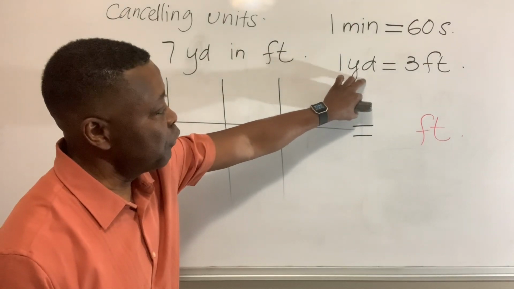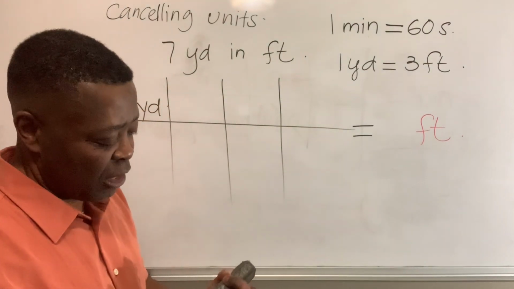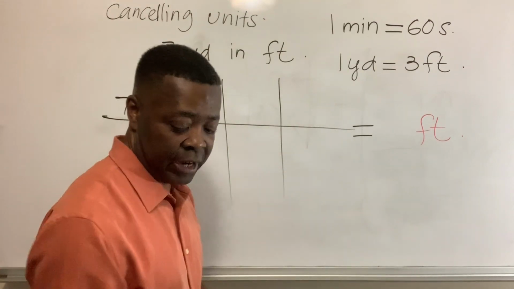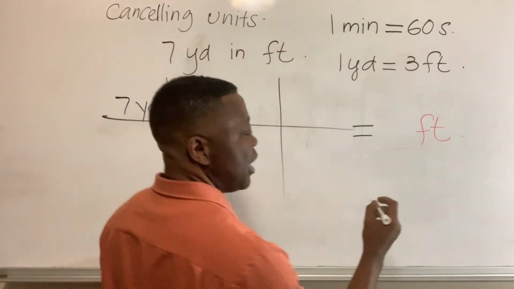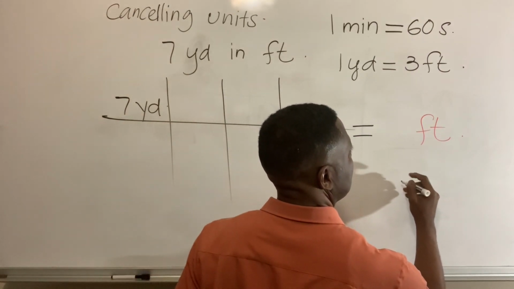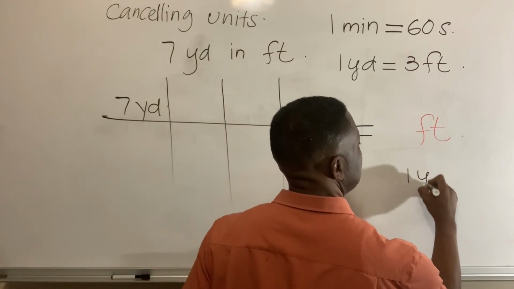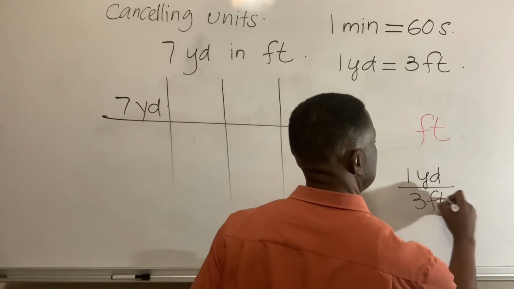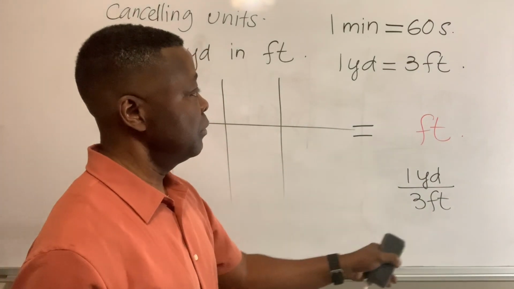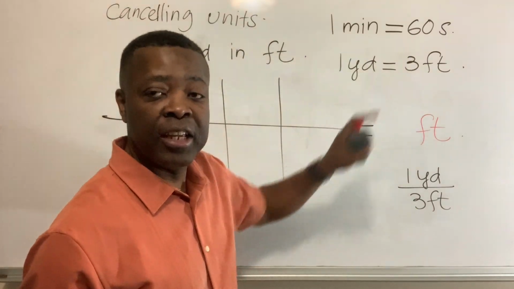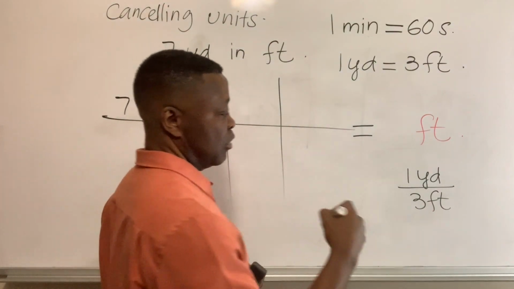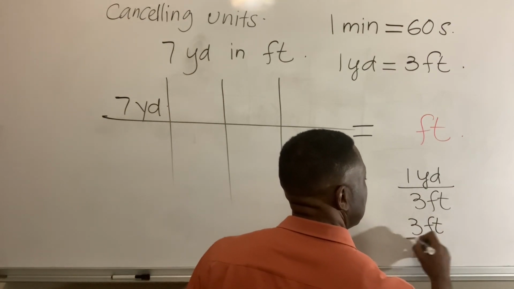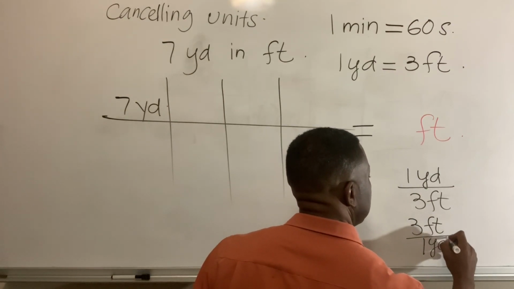So from this, what kind of ratios can I form? There are 2 ratios I can form, right? I can write 1 yard over 3 feet. Remember, this is 1. I can also write 3 feet over 1 yard.